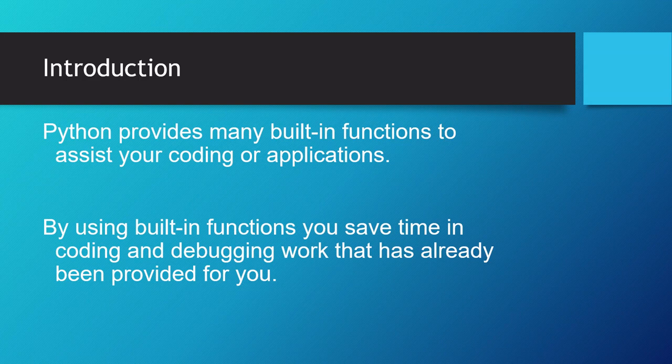But in these built-in functions, each function provides a task for you, and it's usually commonly used by many developers, so it's built into the system, so you can call them whenever you want. So by using built-in functions, you save time coding and debugging work that has already been provided for you.